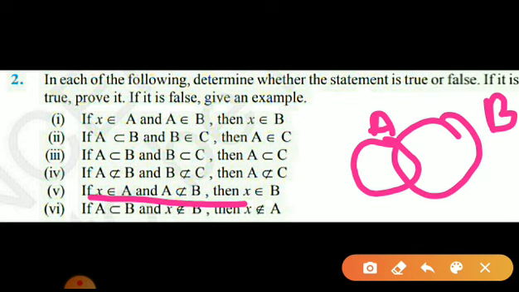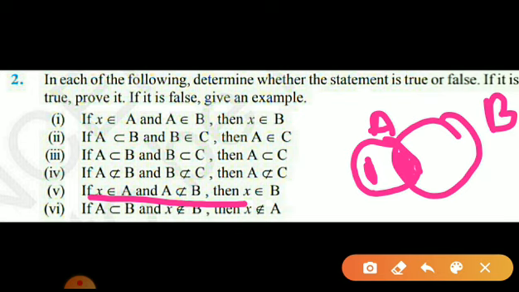Is it always true? Now suppose X is in the intersection; I can say that if X belongs to A, then it will be a member of B. But I may have an element which is not in B, not in the common part. In this case, 1 is in A, but is 1 there in B?